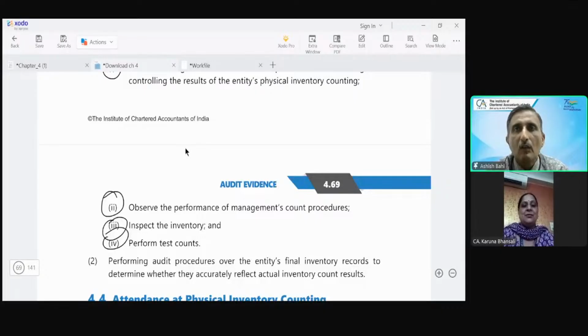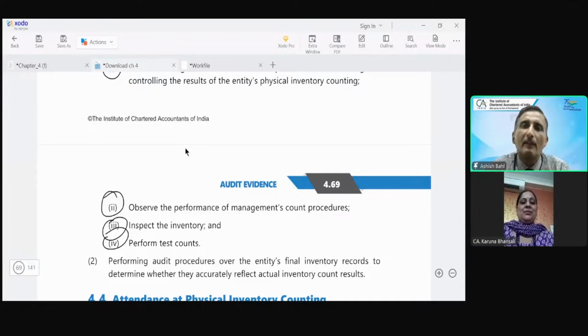Okay, students. So we have revised chapter 4, audit evidence, in a quick manner and tried to cover the different concepts through questions. And I have also explained to you a few important concepts which were quite basic and fundamental to understand this chapter and the subject of auditing also.